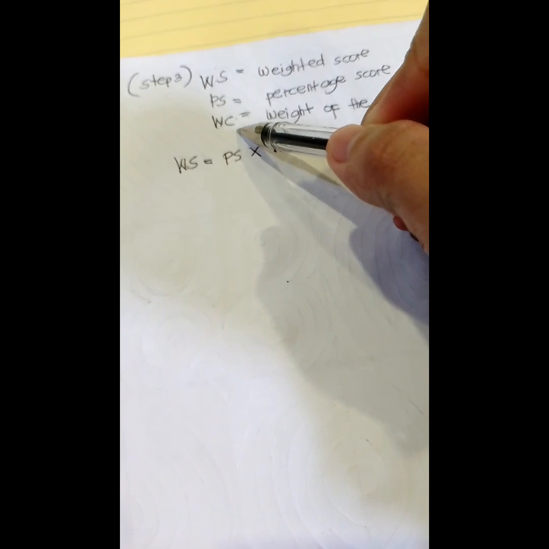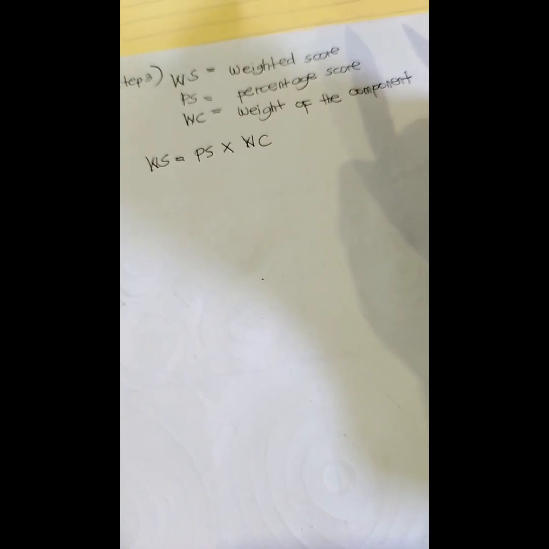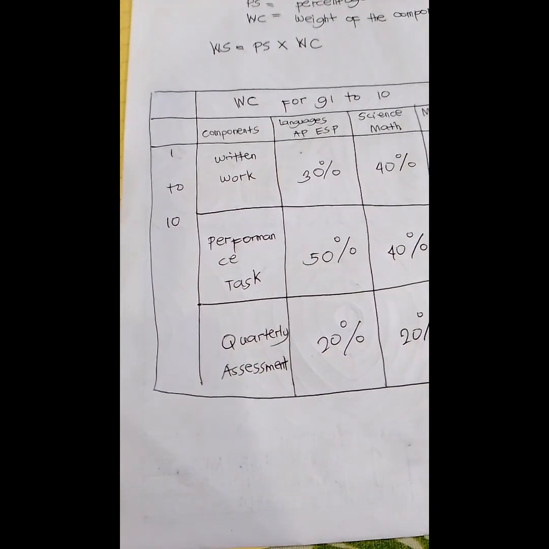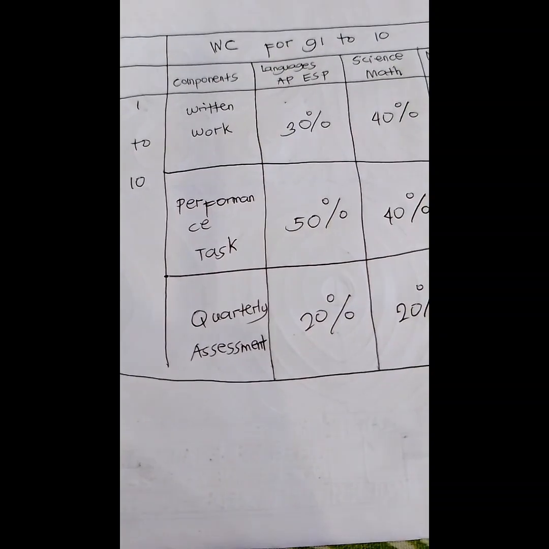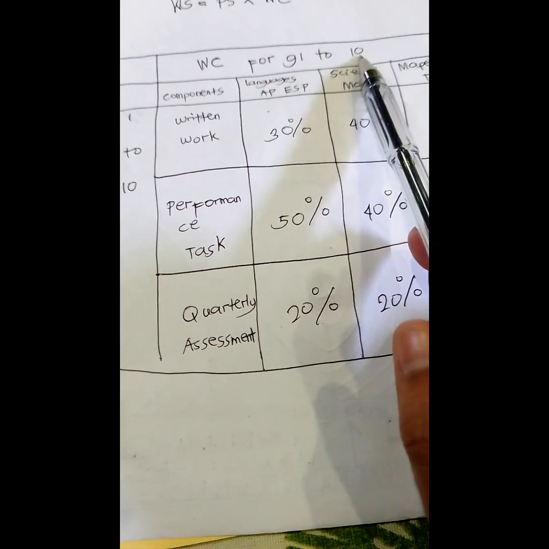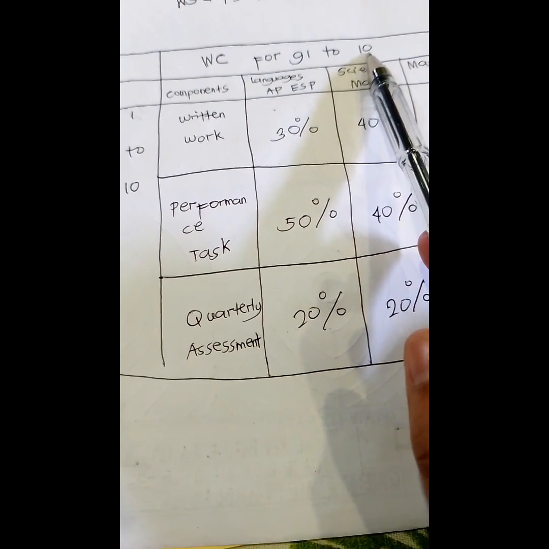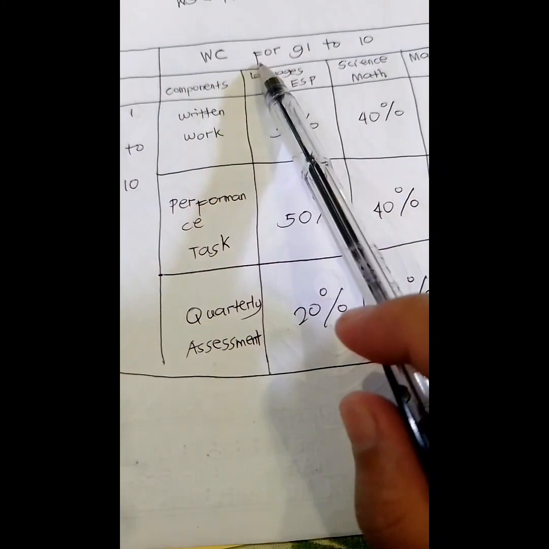Based on our example, it is English subject for grade 4 students. DepEd provided a table for the weight of the components for grades 1 to 10. So, guys, here is the example table for weight of the components for grades 1 to 10. Our example is the English subject. English belongs to languages.